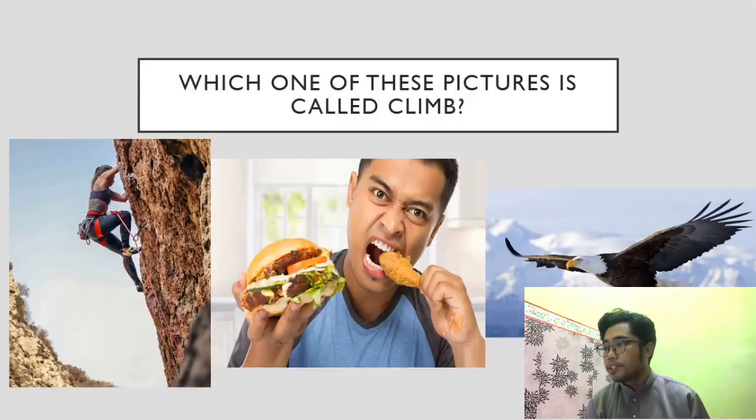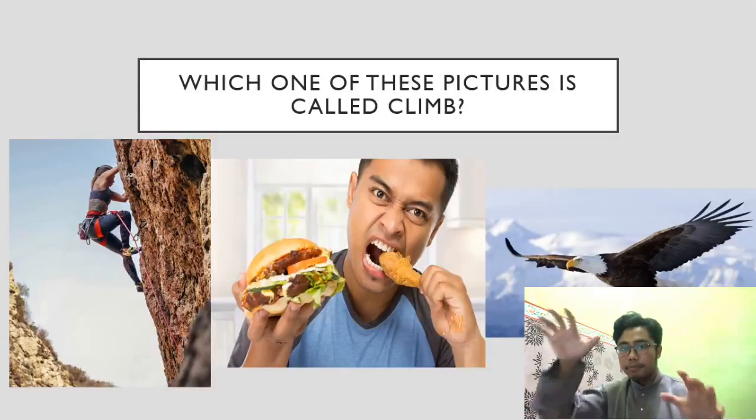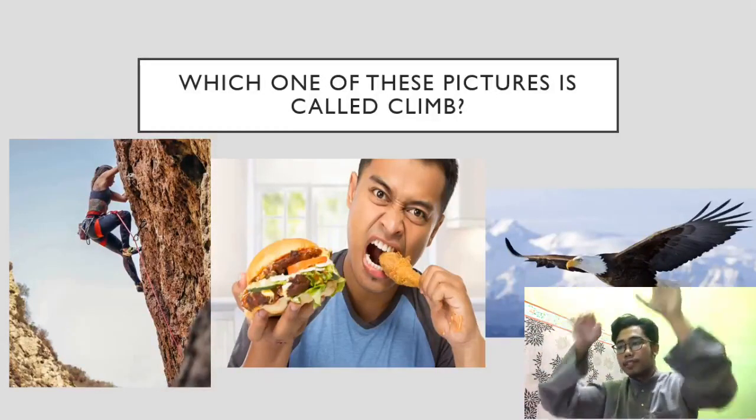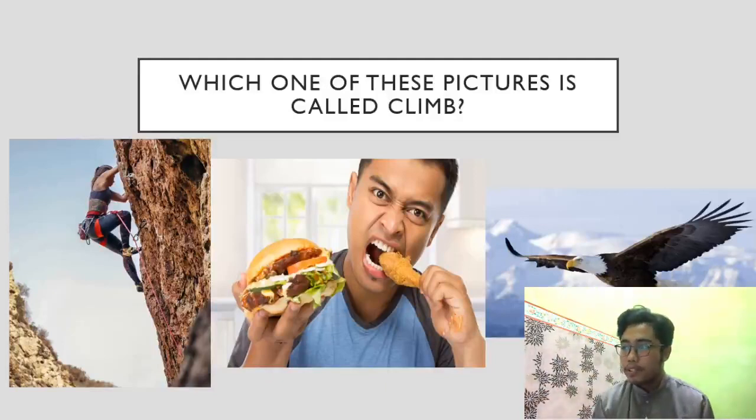Which one of these pictures is called climb? Is it picture number 1? Is it picture number 2? Is it picture number 3? The answer is picture number 1. The woman is climbing. There is a mountain. Climbing. The second picture is a man.